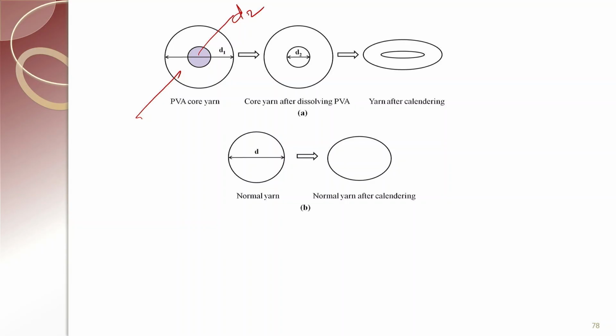So, d2 is the inner diameter, and when this core PVA is removed by dissolving, this portion becomes hollow. The width of the hollowness is the inner diameter of the hollow yarn, that is d2.